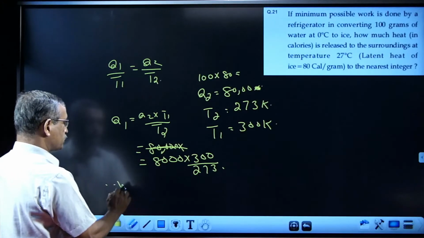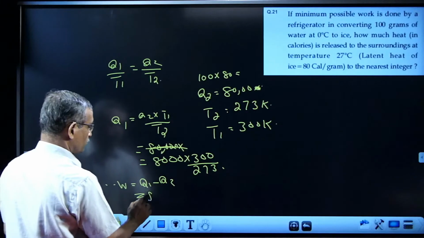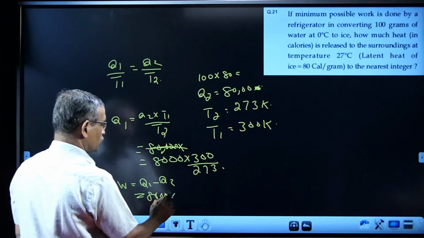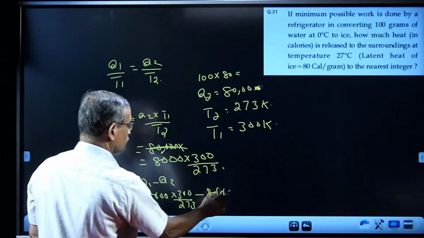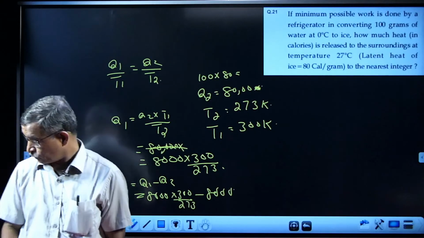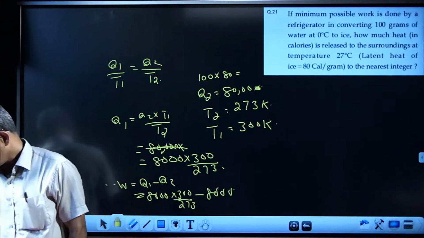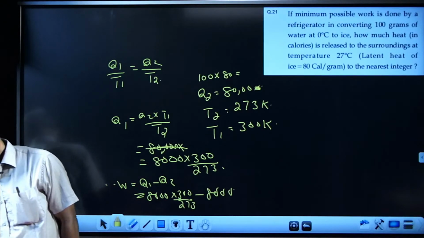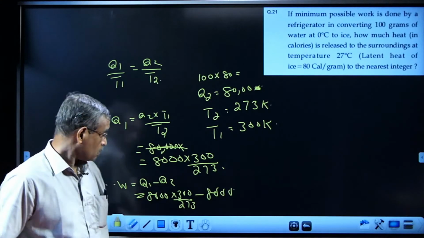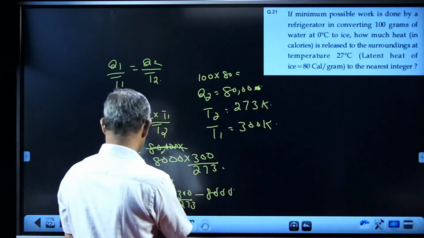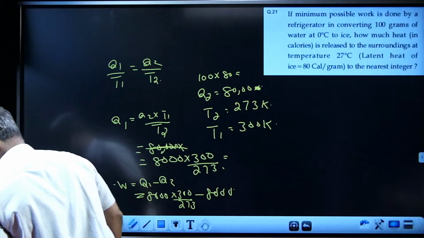Then work done is given by Q1 minus Q2. That's equal to 8,000 into 300 by 273 minus 8,000. And this value on rough calculation is equal to 879.